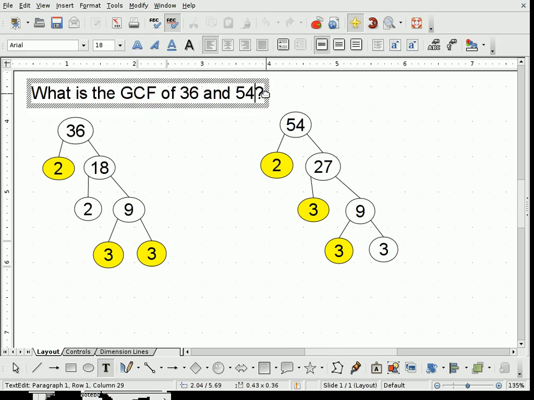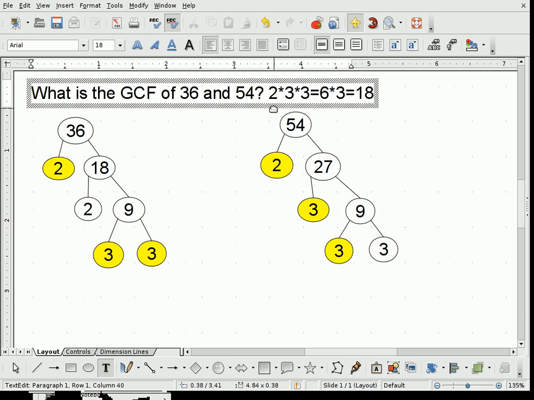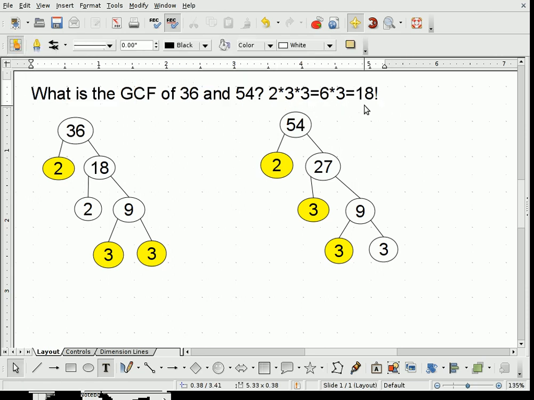So we add our answer here: 2 times 3 times 3 equals 6 times 3, because 2 times 3 is 6, times 3 is 18. So our answer is 18 in this case. 18 is the greatest common factor of 36 and 54.